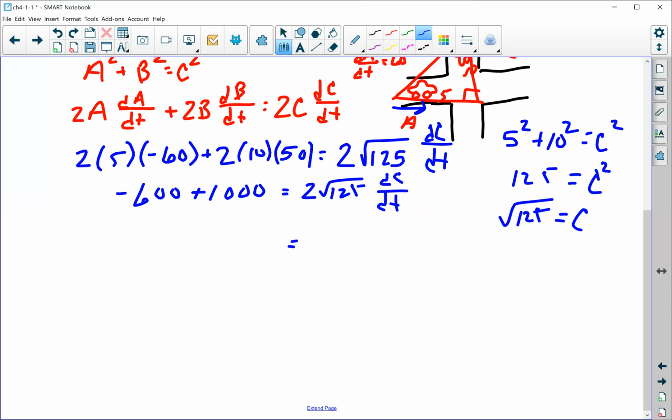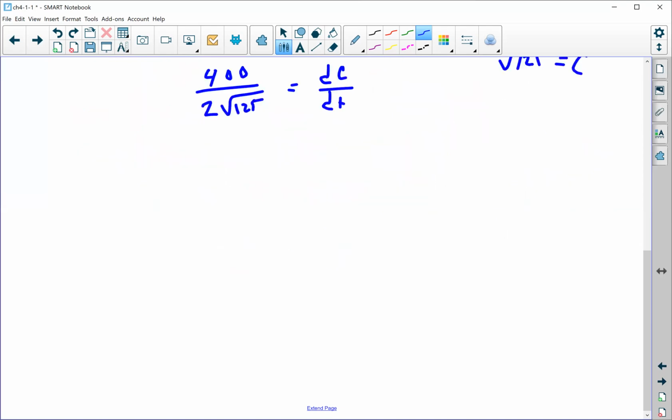Solving then for dC over dt. Again, on the AP exam, you would not need to reduce that.